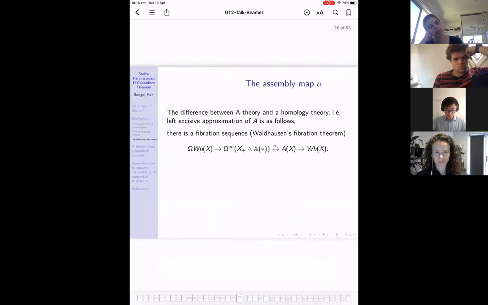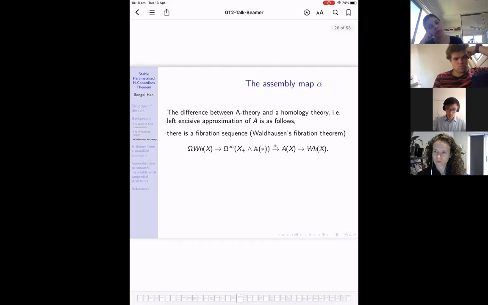The difference between A-theory and a homology theory, or an approximation of A-theory by a homology theory, is given by the assembly map. It is an excisive approximation from the left.